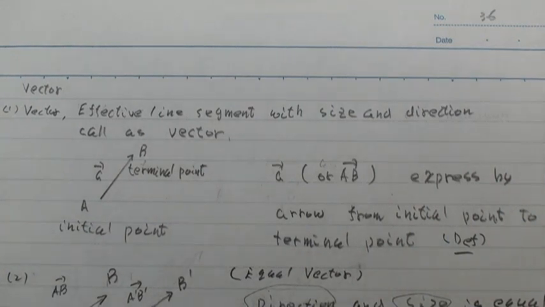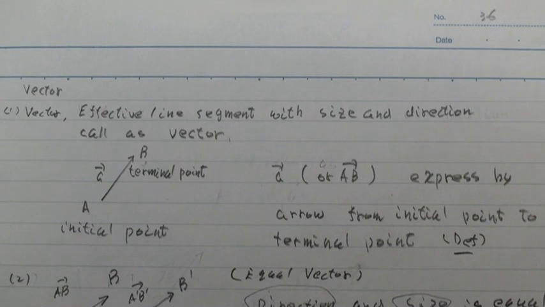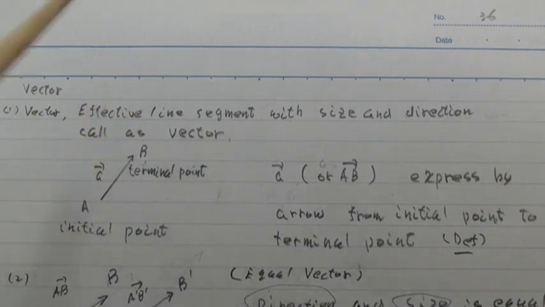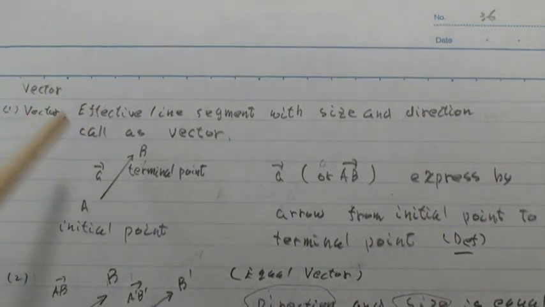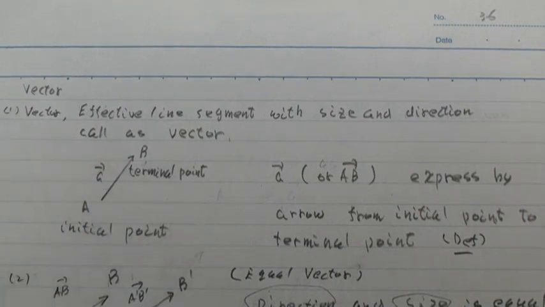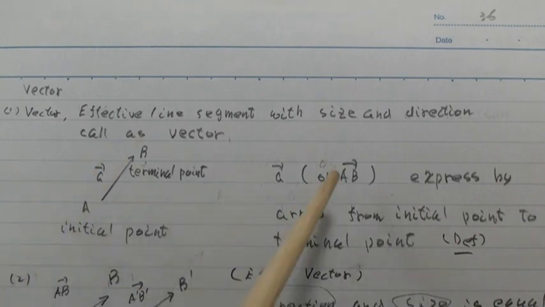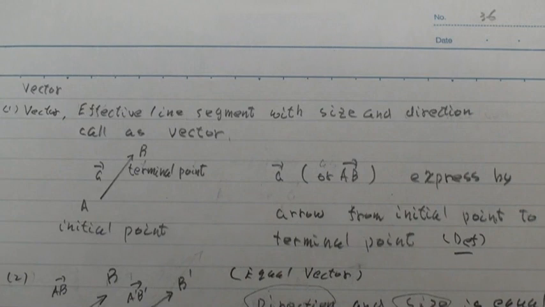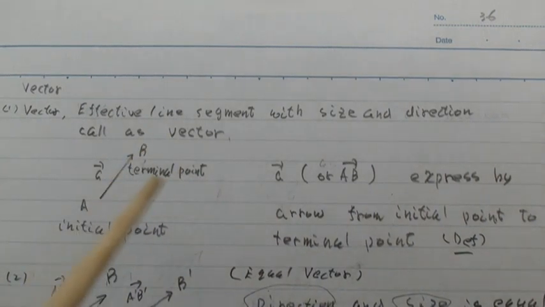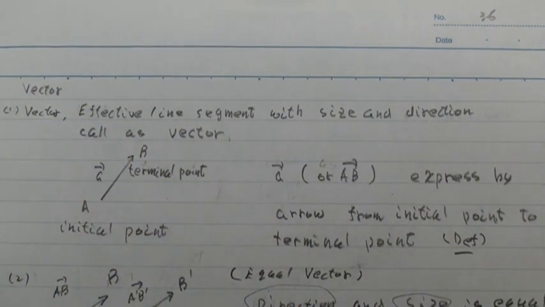Point A is the initial point, and point B is the terminal point. This is small a vector, or AB vector. It is expressed by an arrow from the initial point to the terminal point. This is the definition of a vector.